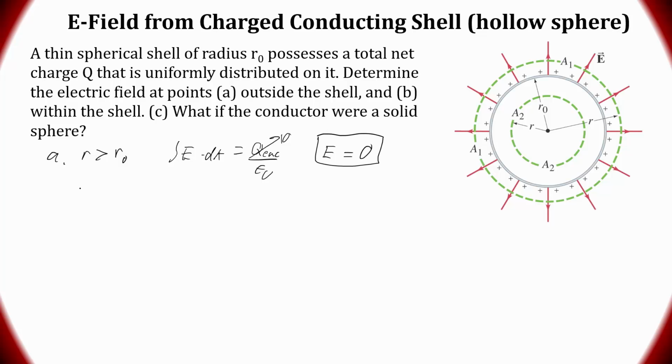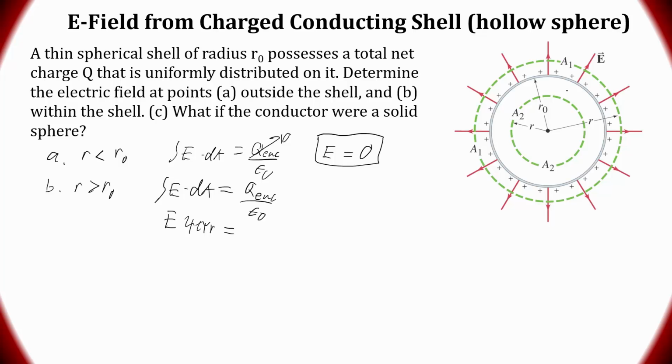If I want to find the electric field outside, where r is greater than r naught, I did it backwards up there, sorry. Good thing we have erasers. In that case, E dot dA gives us Q enclosed over epsilon naught. And the electric field is constant at all points if we choose a Gaussian sphere, and it's perpendicular at all points, so this just becomes the integral of dA, which is going to give us 4 pi r squared.